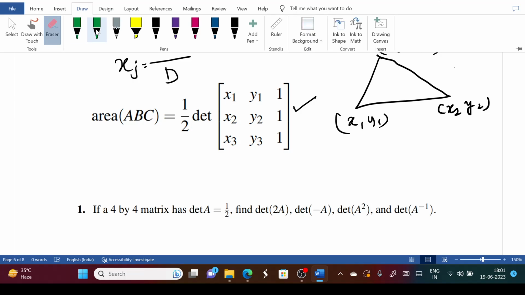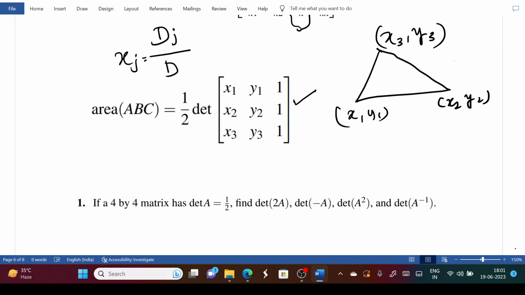So next question is, let us discuss some of the aspects of determinant directly. Let A be a 4 by 4 matrix and determinant of A is equal to half. Then what about the determinants?